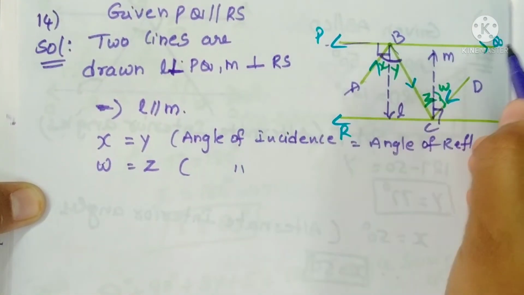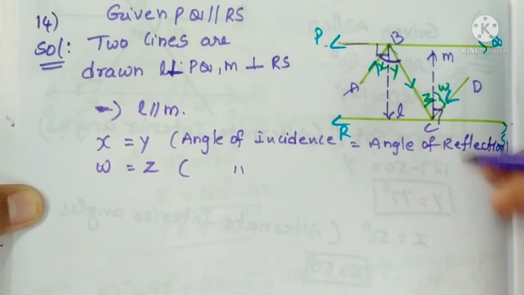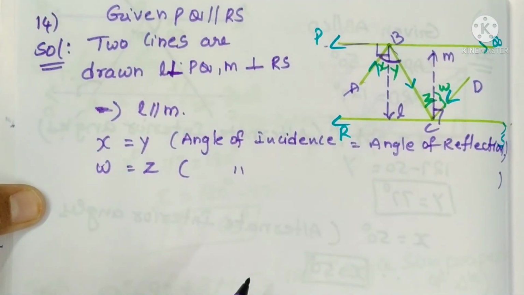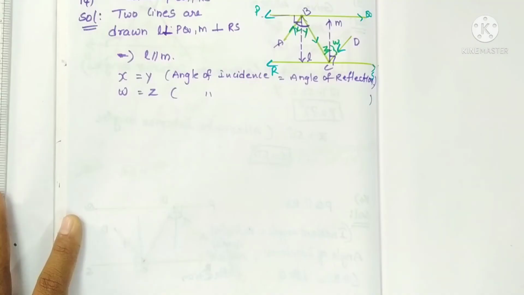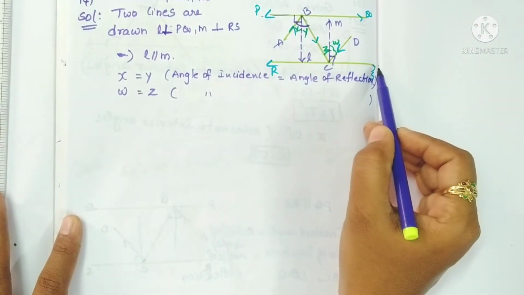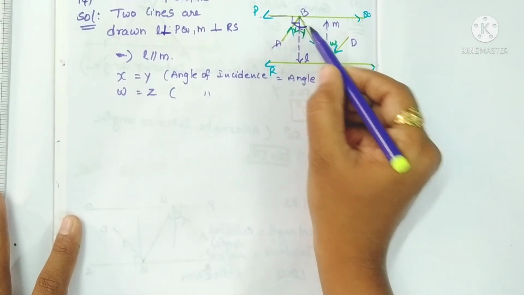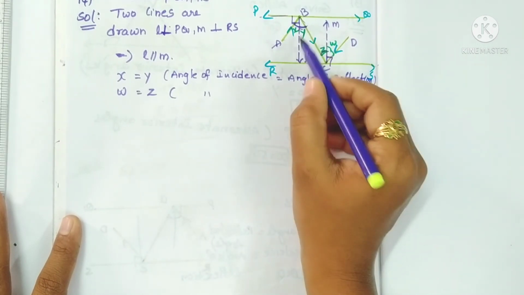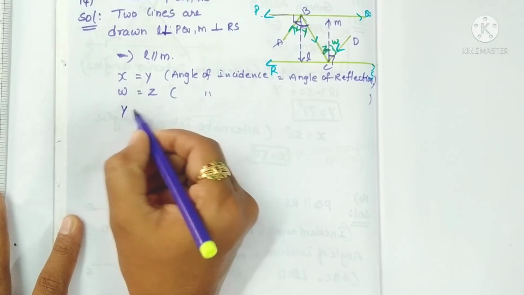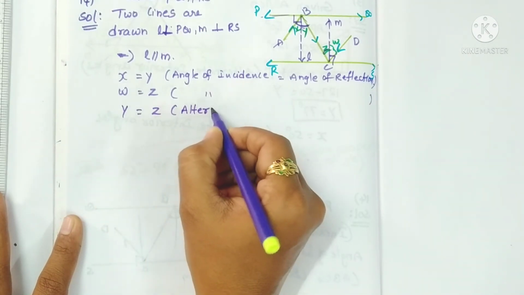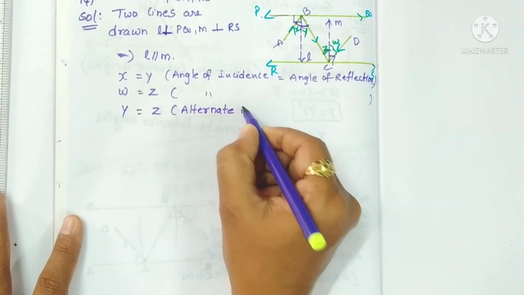Now these two lines are parallel and this is the transversal line. So now PQ parallel to RS, if BC is the transversal, this y equals z, right? Alternate interior angles. Y equals z, alternate interior angles.